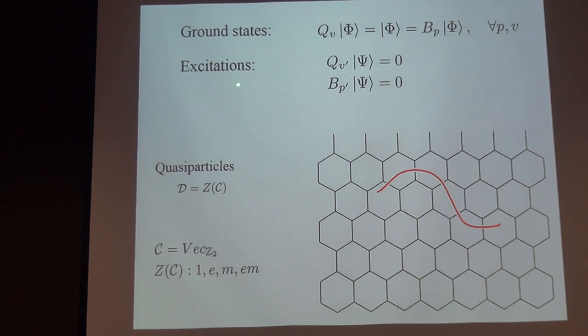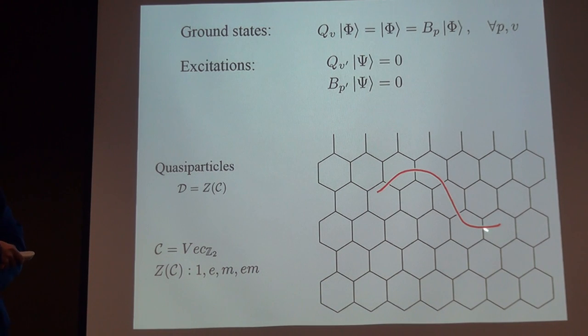The elementary excitations are called quasi-particles. In general, we draw this as a string, and the quasi-particles live at the two ends of the string.